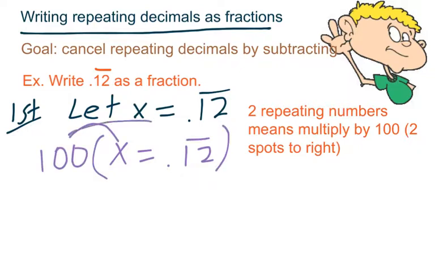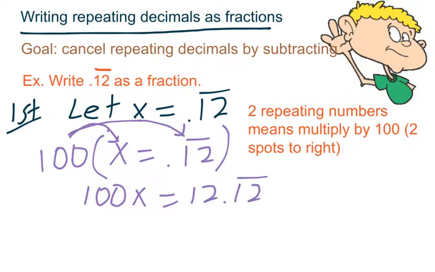100 times x is 100x, and 100 times 0.12 repeating is 12.12 repeating. Because again, all that did was shift the decimal 2 spots to the right.